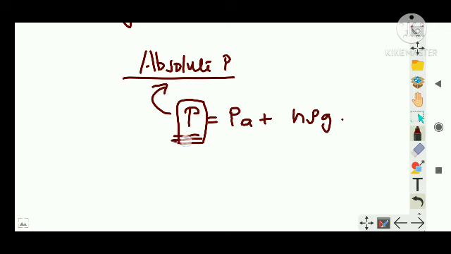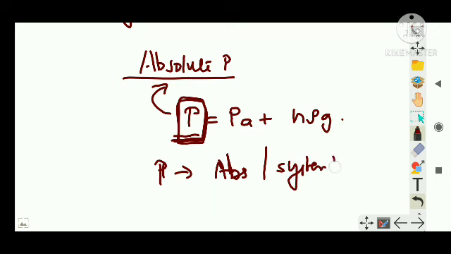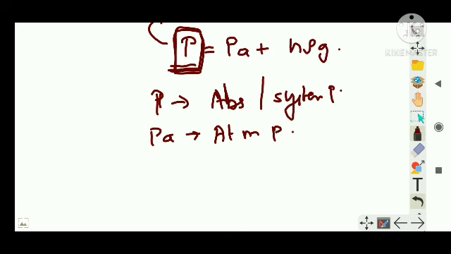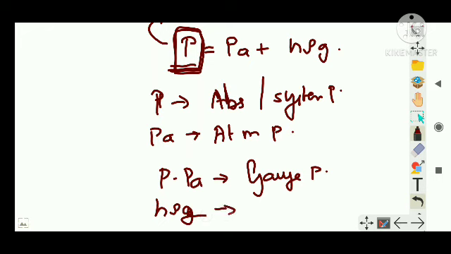So P is called absolute pressure, or I can say system pressure. PA is atmospheric pressure, P minus PA is gauge pressure, and H rho G is the pressure generally exerted by a column of liquid. Clear? This much is clear.